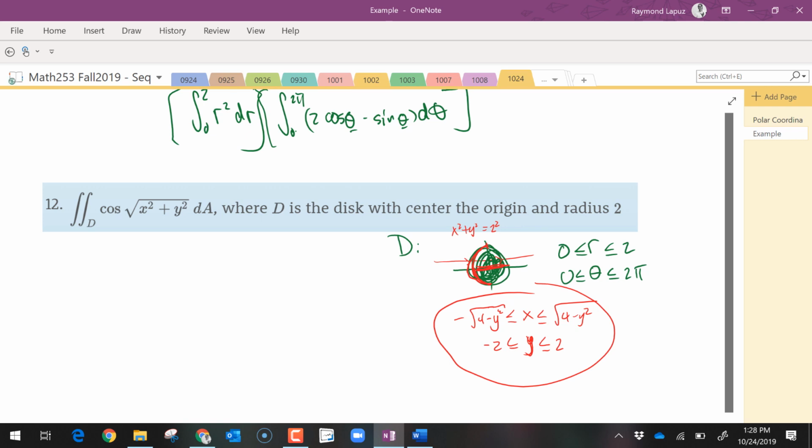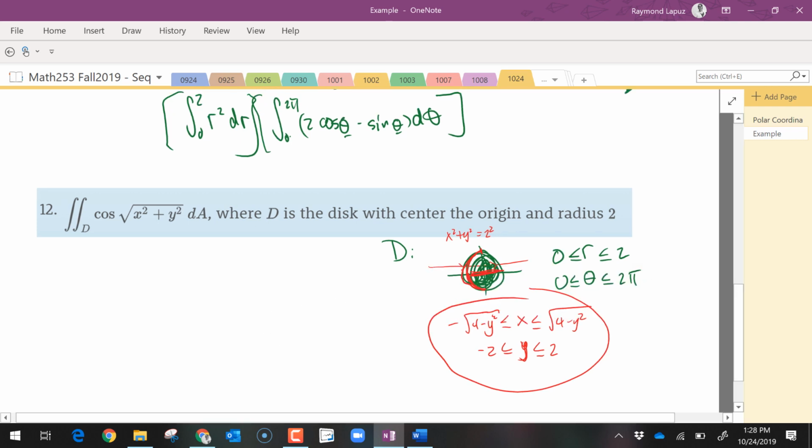And so now we're going to change everything back here. Our integral is going to be the cosine of, now I want to change this into r's and thetas. x is equal to r cosine theta, y is equal to r sine theta. But what's x squared plus y squared? That's r squared.